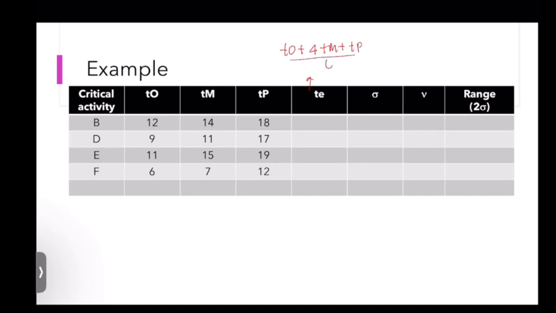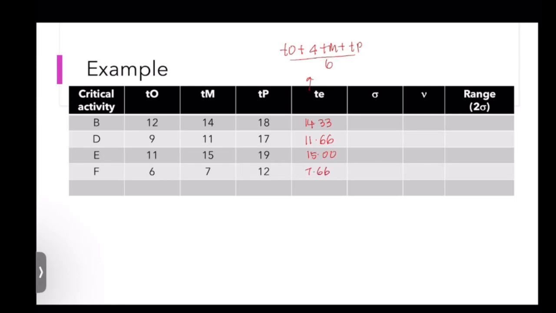That is for calculation of expected time. So the expected time for activity B is 14.33. Activity D is 11.66. Activity E is 15. And activity F is 7.66 days.